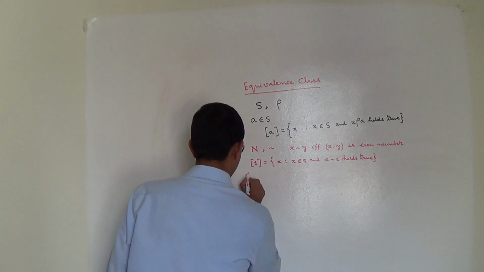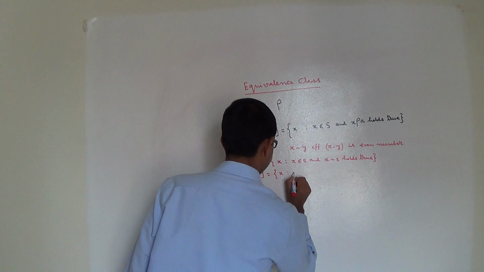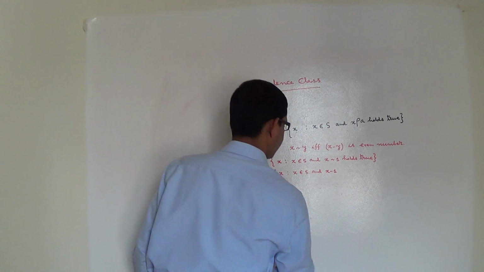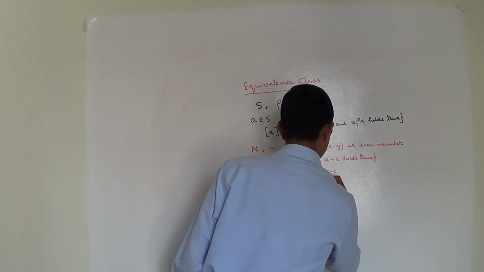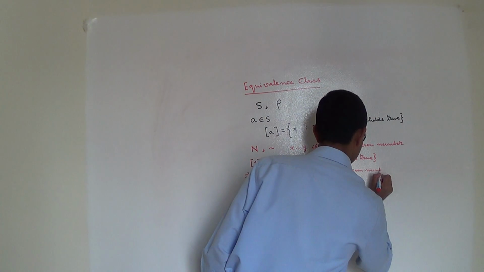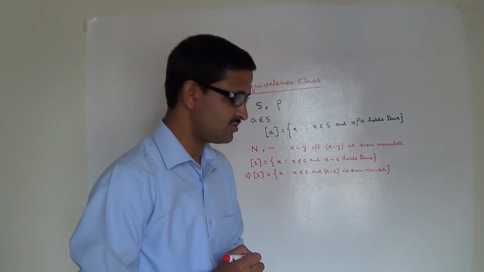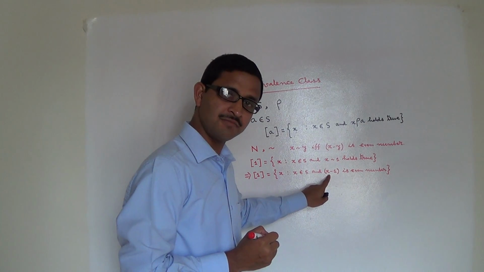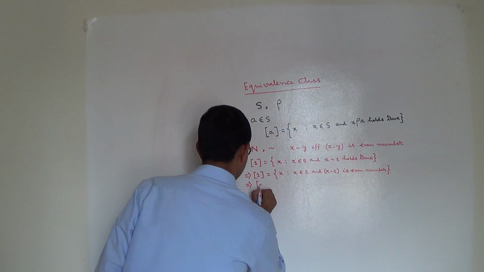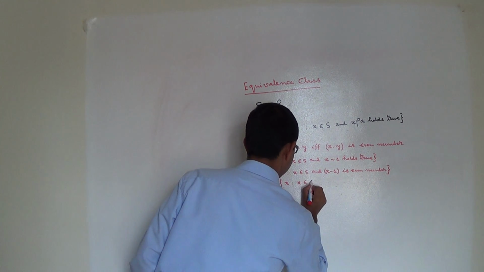This implies you can write the class of 1 is equal to those x such that x belongs to S and x minus 1 is an even number. Now x minus 1 is an even number. That means x must be an odd number, right? So this implies the class of 1 is equal to all x such that x belongs to S.